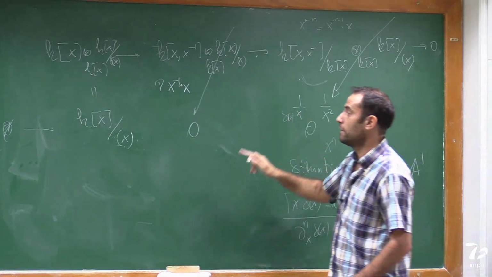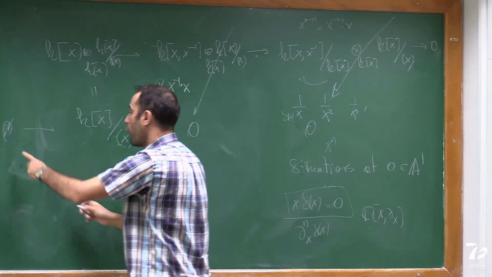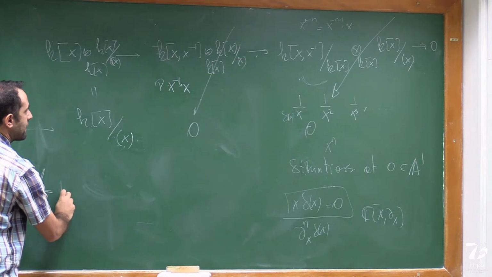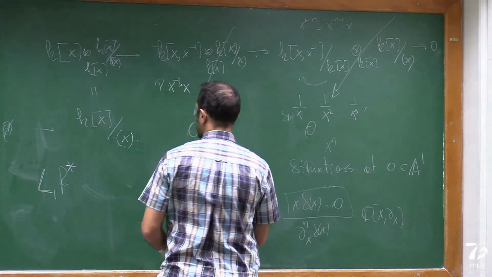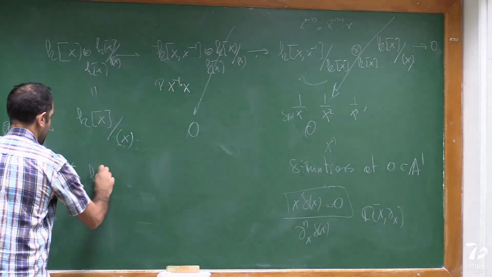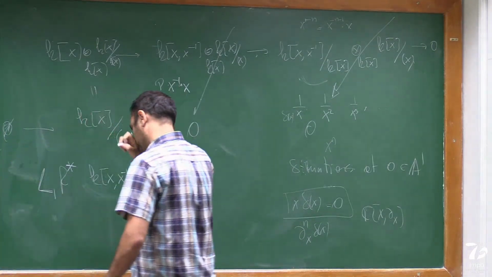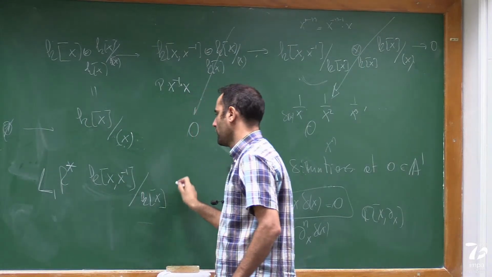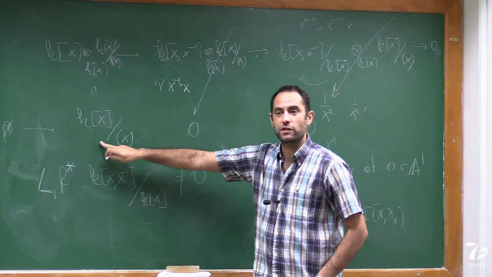In particular, since I have 0 here, I cannot have 0 here. So I already know that the derived pullback in degree 1 of the delta functions is non-zero. Moreover, I expect it to be isomorphic to this.